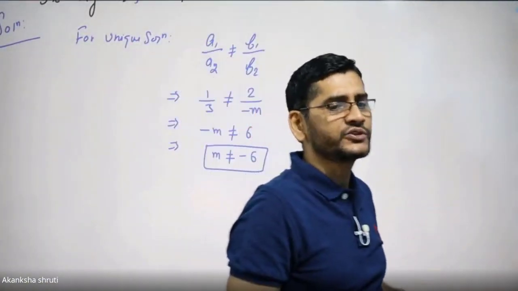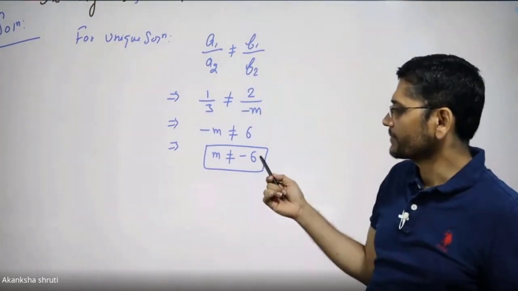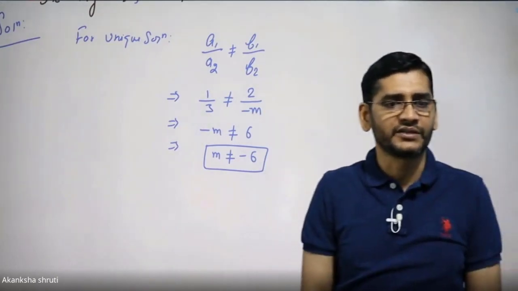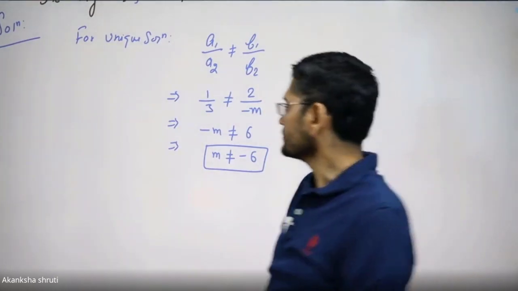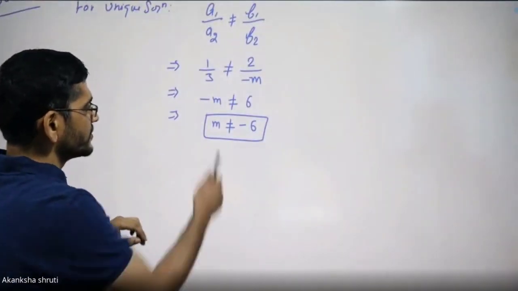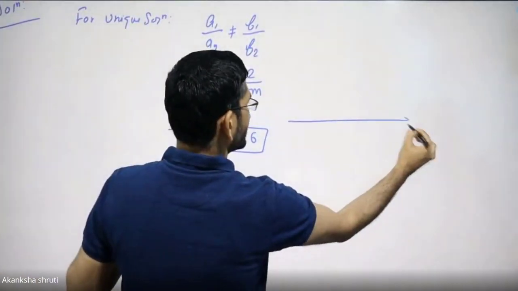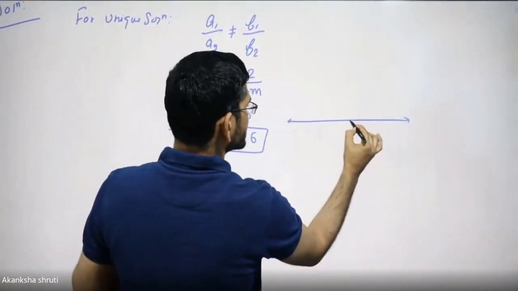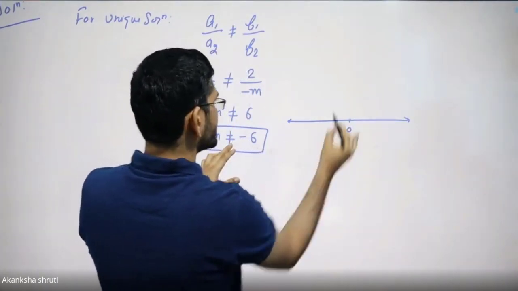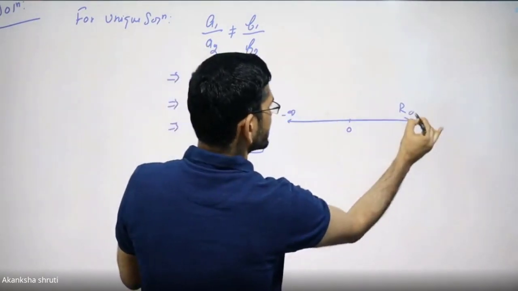Then what could be the possible value of m? In that way the question is asked. Many a time in MCQs, directly m should not be equals to minus 6 may be there, or it may be concluded in some other way. Students, m is any integer or any real number. For the real number, I can have any value over this number line, from minus infinity to infinity.